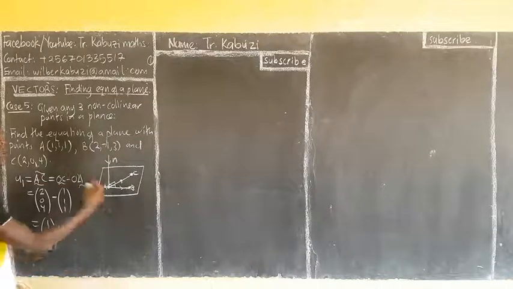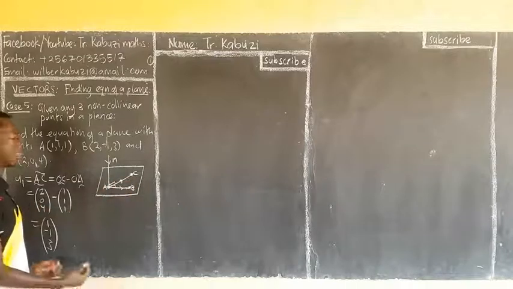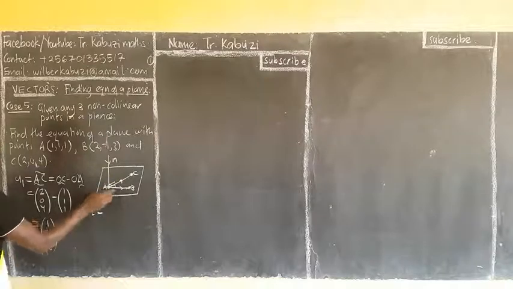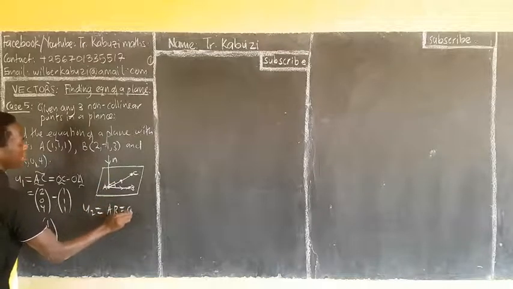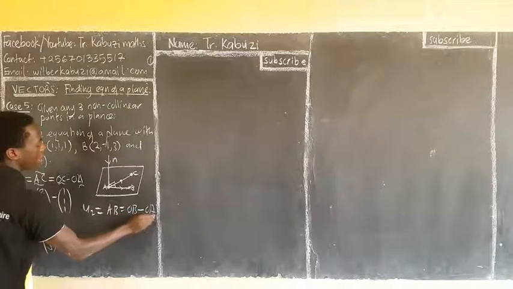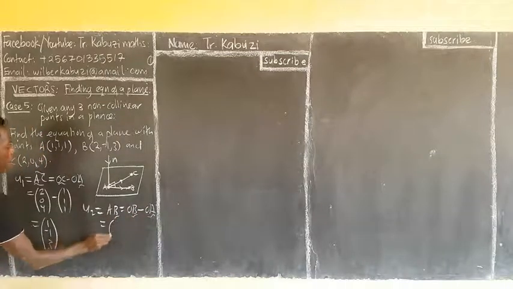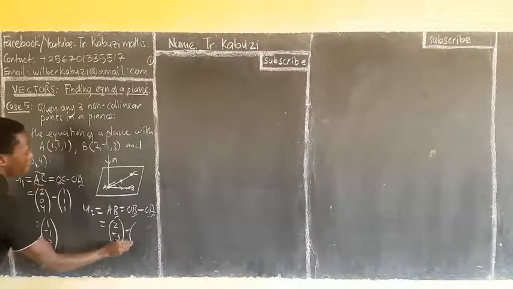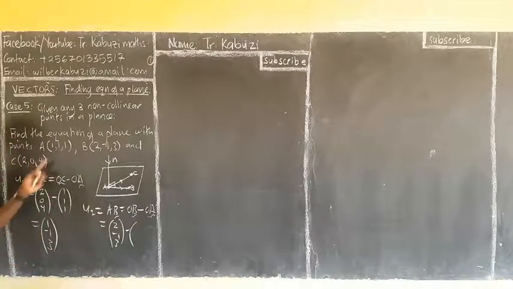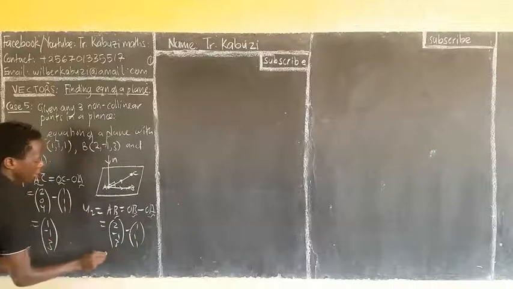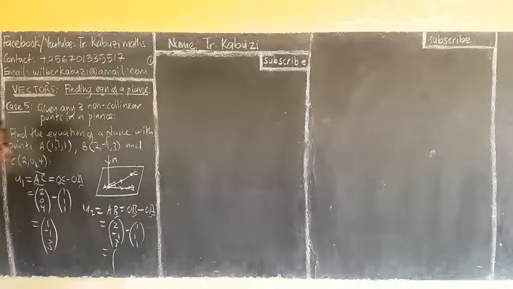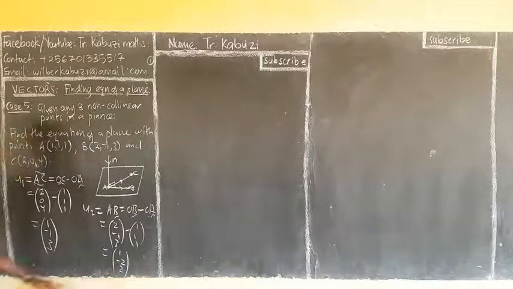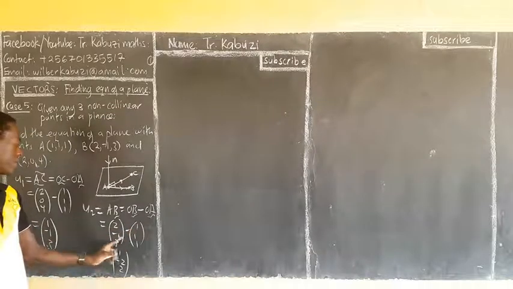It's okay for you if you use BC instead; it's up to you. To get my U2, I'll get AB, which is OB minus OA. These are vectors. My OB is 2, negative 1, 3, minus 1, 1, 1, which will give me 1, negative 2, 2.